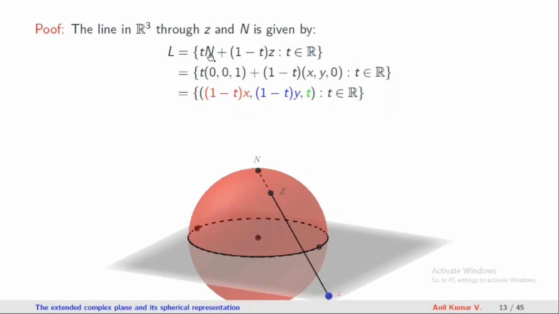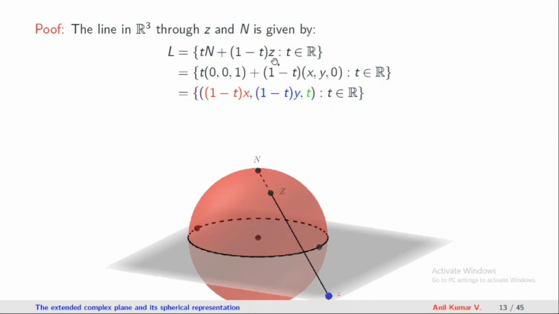So tN plus (1 minus t) times z can be written as t times, here the coordinates of the point N are (0, 0, 1). So we can write t times (0, 0, 1) plus (1 minus t) times, here z is in the complex plane. So here we are identifying the complex plane with the xy plane in R3.